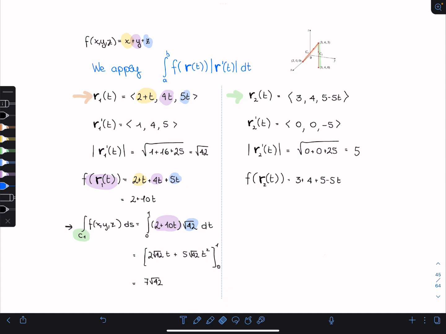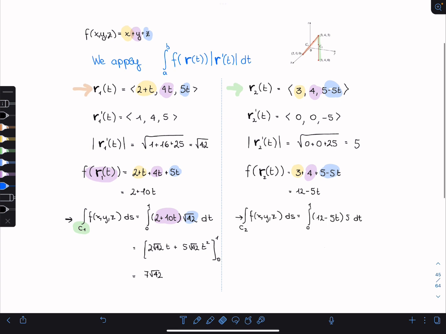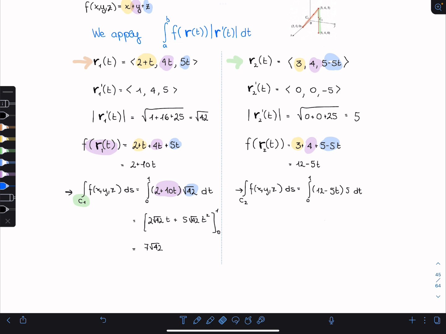And if we evaluate the function at r2, so as before, for x we have 3, for y we have 4, and then for z we have 5 minus 5t. This gives us 12 minus 5t. So then we can substitute the things we found in the formula. That gives us the integral from 0 to 1 of 12 minus 5t that multiplies t.